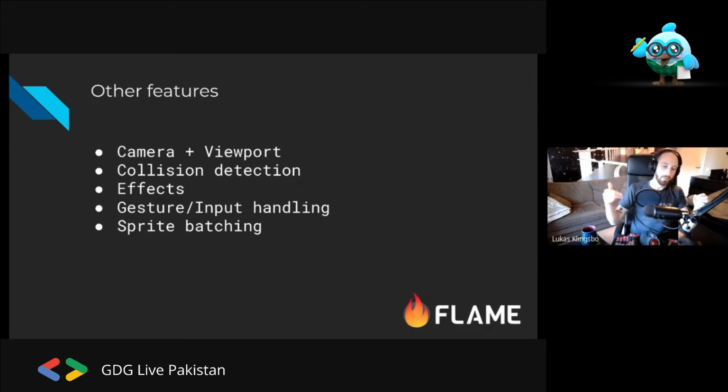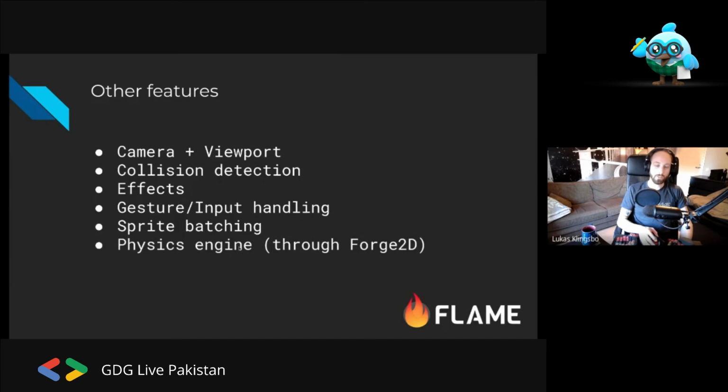You can tell the sprite batching that I want to render these 10,000 images, and then it will batch them together as a group and render them all on the canvas at the same time, which makes it a lot more efficient. But you usually only have to use it in extreme cases when you need to render a lot of things. And the physics engine, as I said, through Forge 2D.